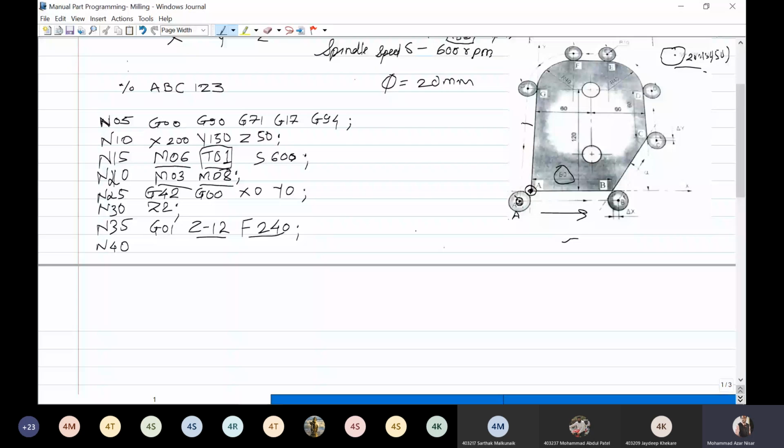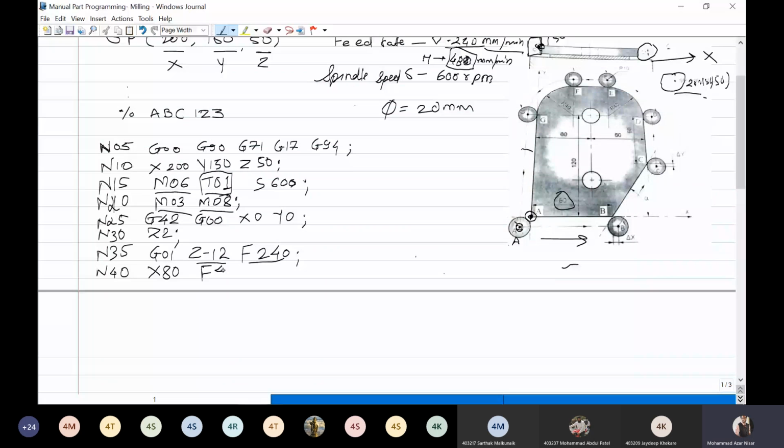You have to change the direction in the X direction. So X80. It will now move from A to B by X80, and for this they have given you the feed rate of 480.